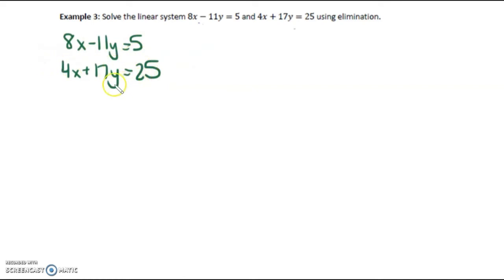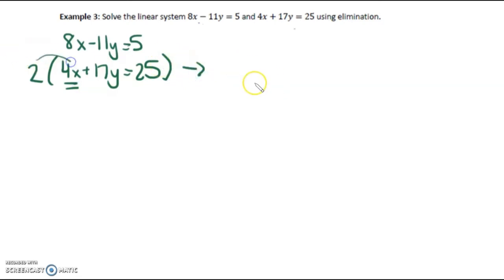Okay, so what we have to do is think, can we multiply either of these equations by a constant in order to get the same coefficient? So in my head, I'm thinking, if I multiply this second equation by 2, I'm going to get an 8x.